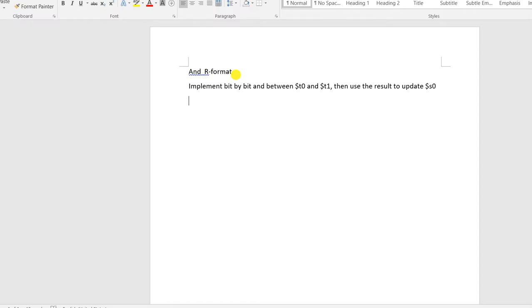Pause here, try to figure out whether, knowing AND is an R format, you can represent this high-level operation in assembly language. Then continue again, okay?